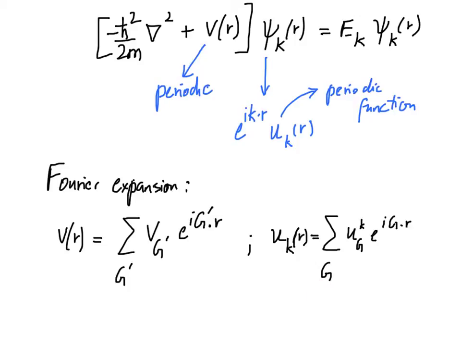Note that both sets of reciprocal space vectors are identical. We are drawing from the same pool of reciprocal space vectors, in other words, the same set of sines and cosines.